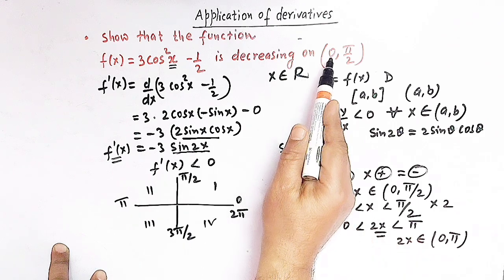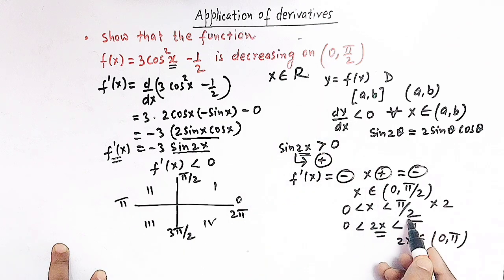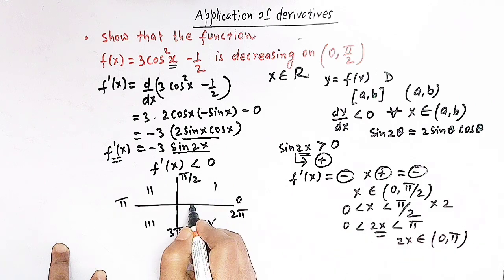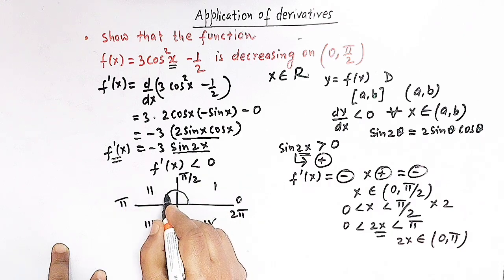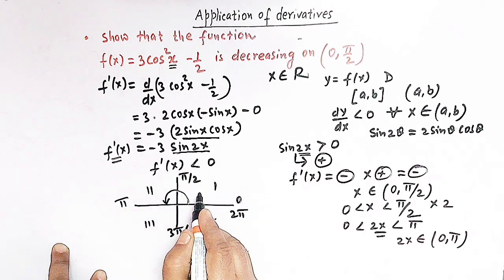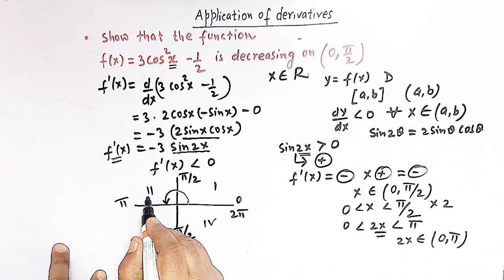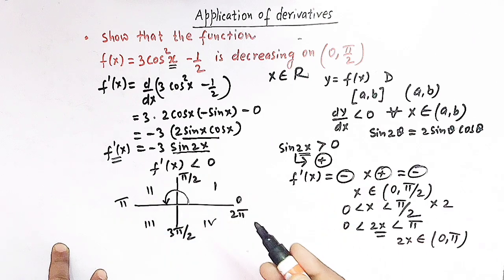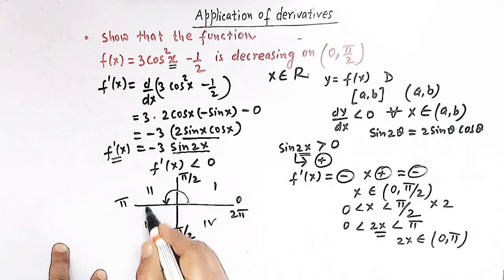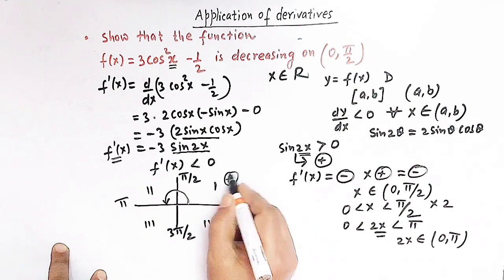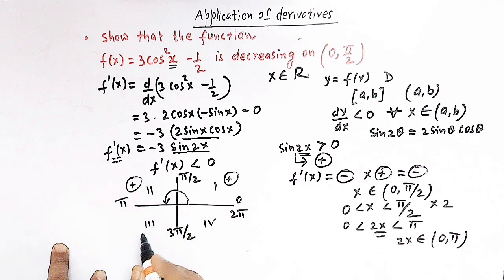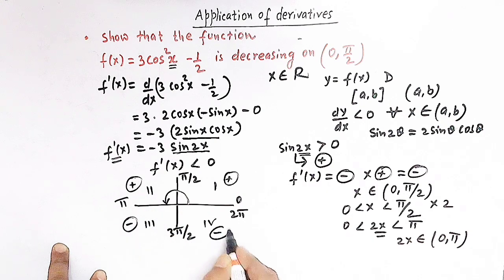When x belongs to 0 to pi by 2, then 2x belongs to 0 to pi, so we have to consider only the first and second quadrants. From the sign convention, we know that the sine function is positive in the first and second quadrants, and negative in the third and fourth quadrants.